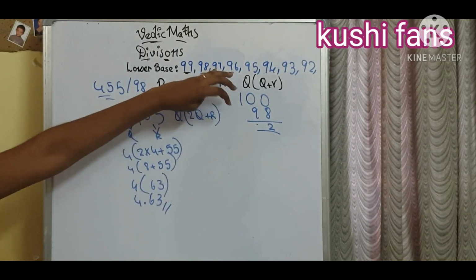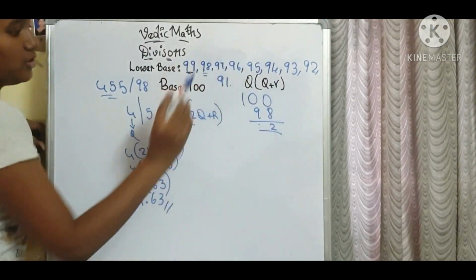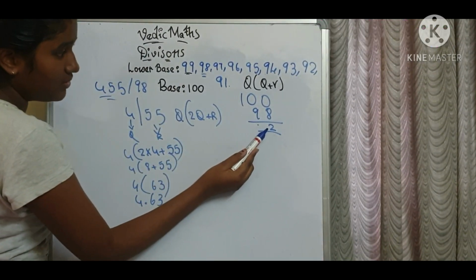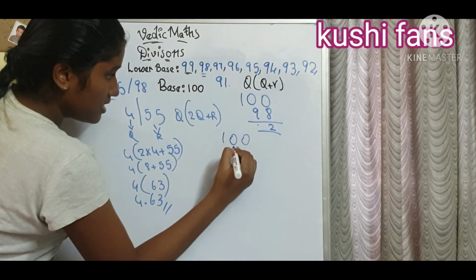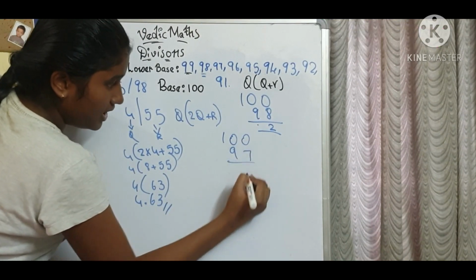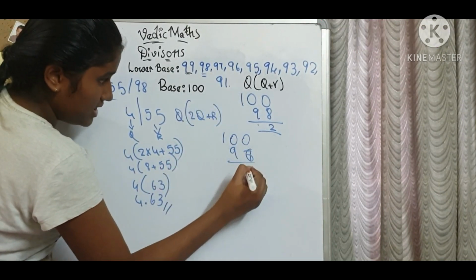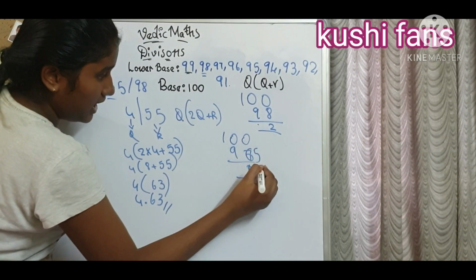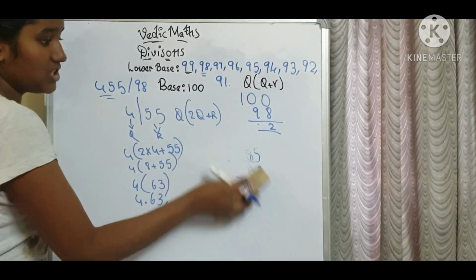This is about 98. With 97, 96, 95, 94 you have to do the same. Just our formula here will change. If I take 97, I will get 3. With 96 I will get 4. With 95, I will get 5. That's it, you can take it like this. Just subtraction.